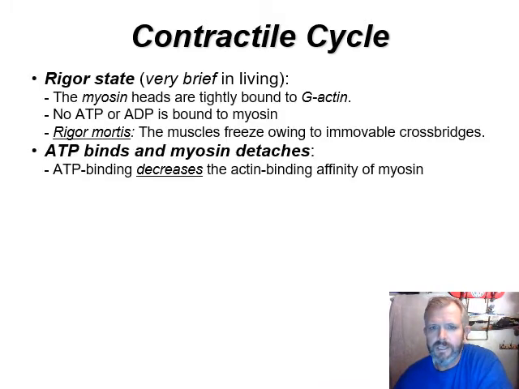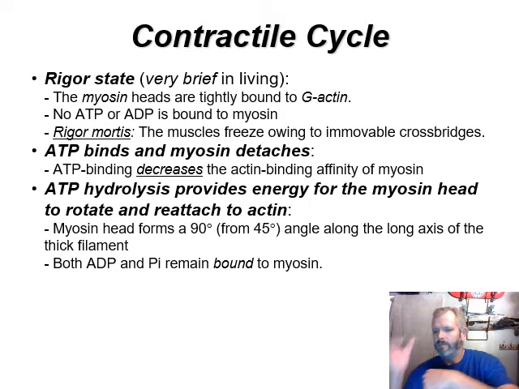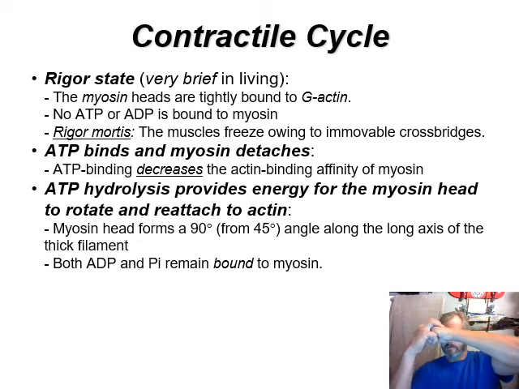So now let's look at how this contractile cycle takes place, how the myosin head binds, power strokes, and then detaches. So there's a state called rigor where there's no ATP bound. The myosin has already gone through what's called the power stroke, and there's no ATP bound. There is a state of rigor where the myosin head is immovable. It's attached to the actin.